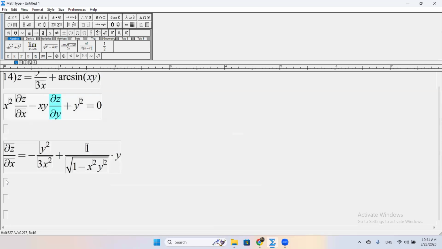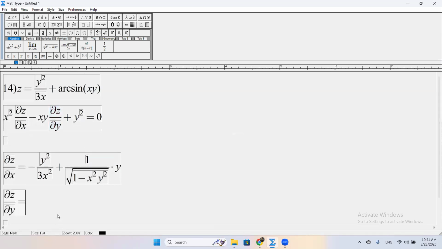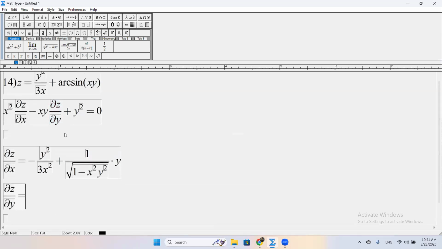Then dz by dy equals 2y over 3x plus the outer derivative of arc sine by x.